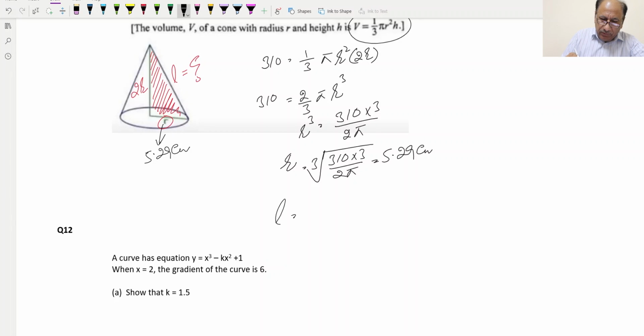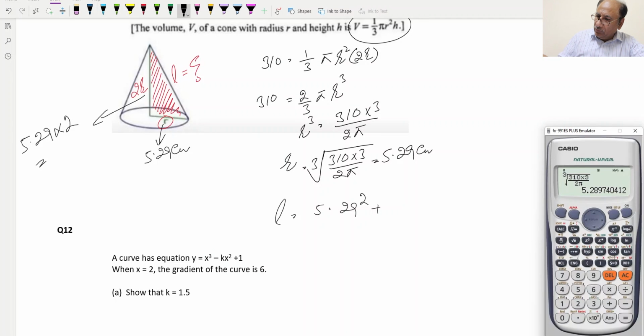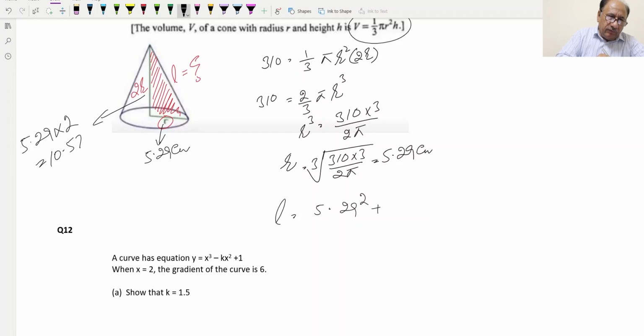So L will be equal to the square root of 5.29 squared plus 2 into 5.29, or we can double this and write 5.29 multiplied by 2, which will be equal to 10.58.